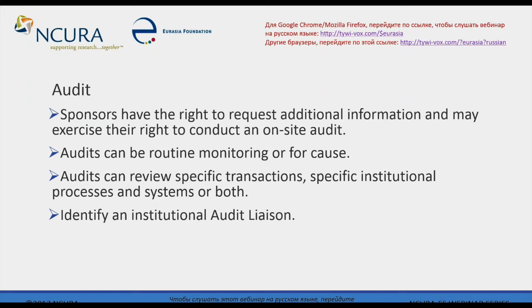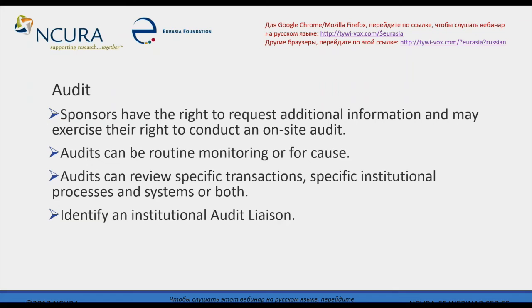Cause is typically created when there is a whistleblower, that is somebody who has alerted the sponsor of concerns or allegations that the funds are being mishandled at an institution or within a specific project.